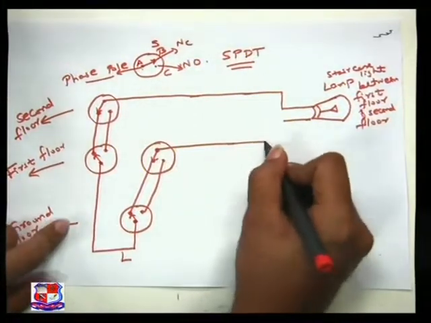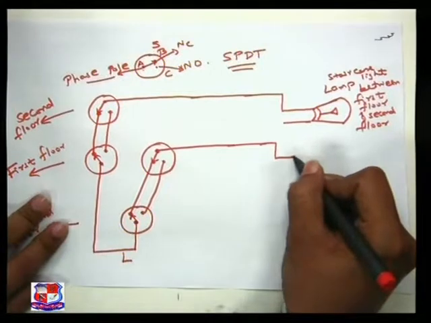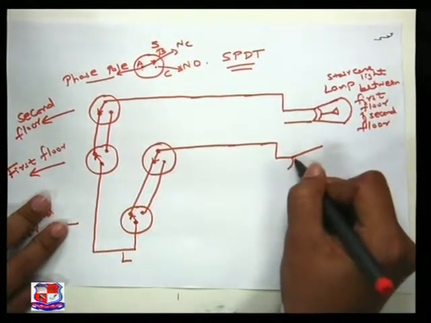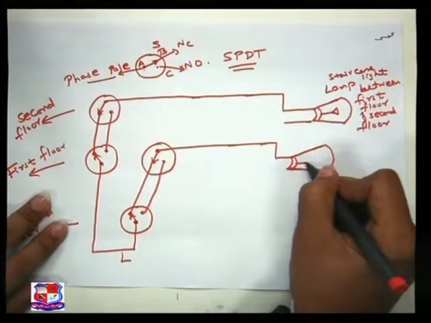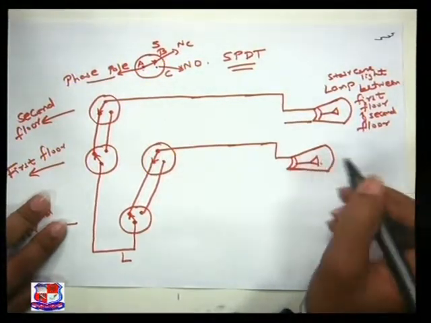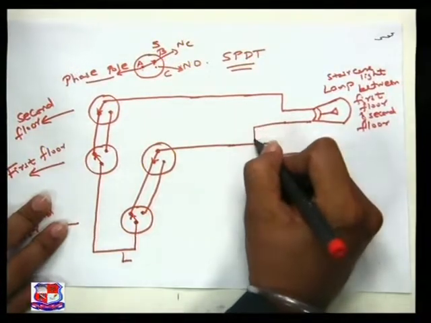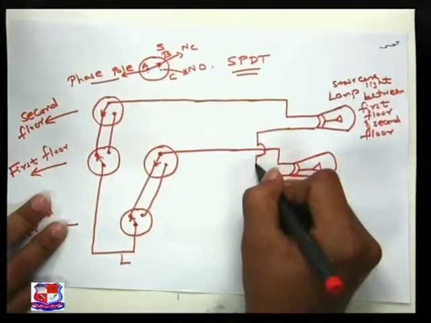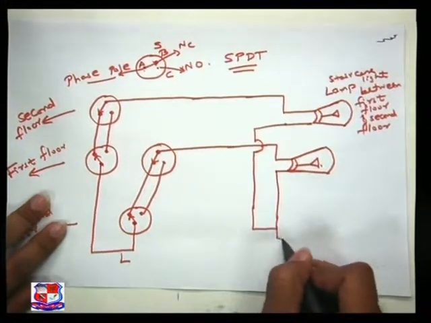Similarly, we will draw a second lamp here. Then this will be connected common, short, and then it is connected to neutral.